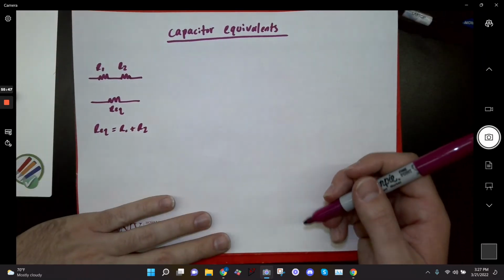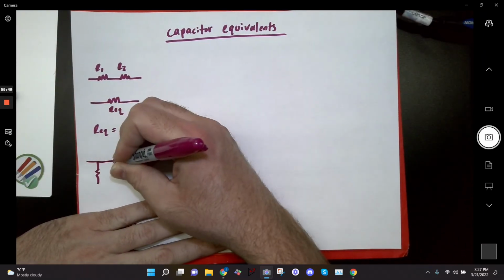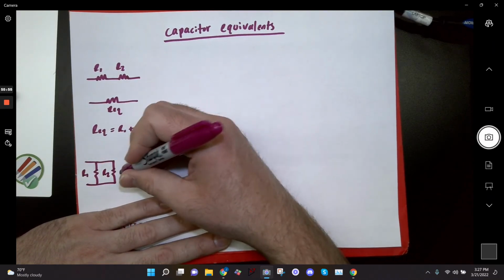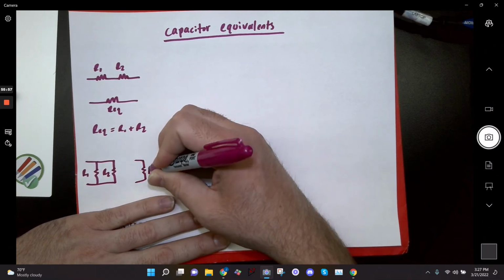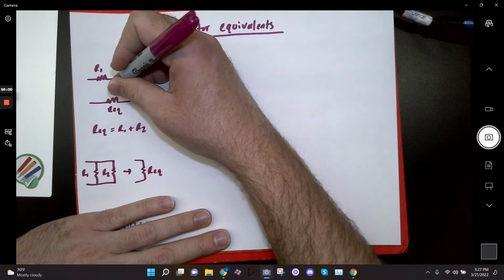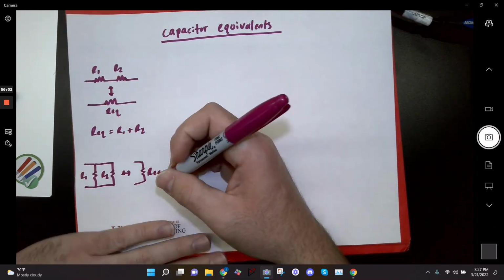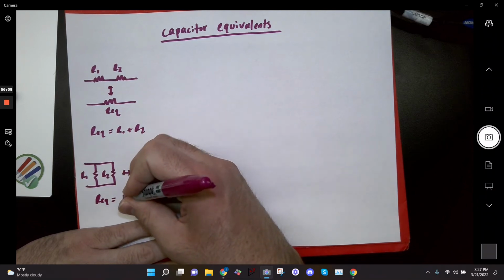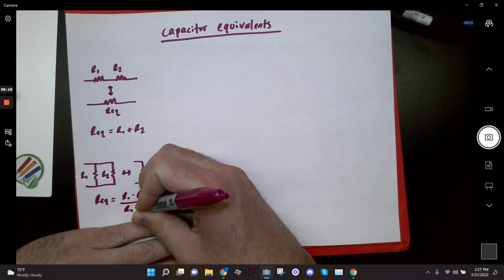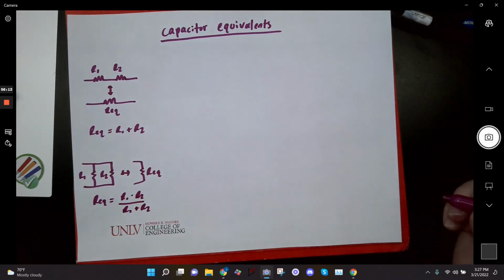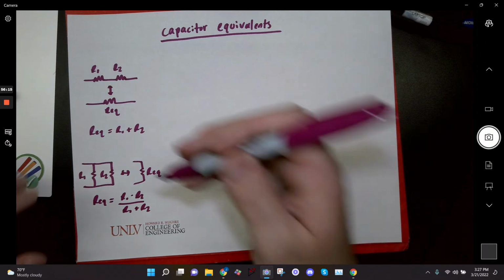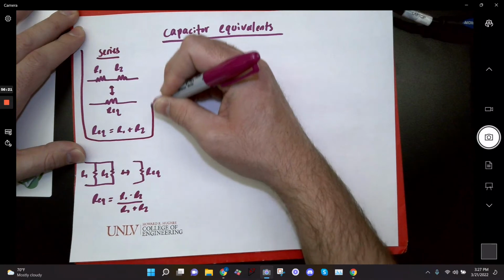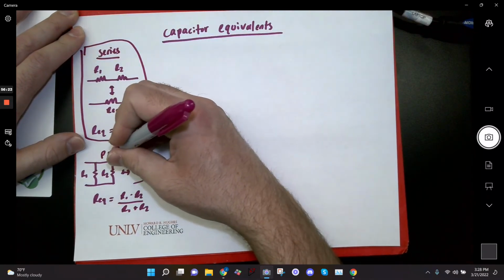And then resistors in parallel, my R equivalent is basically R1 times R2 over R1 plus R2, or 1 over R1 plus 1 over R2, whatever. So this is for series, and then this is for parallel.